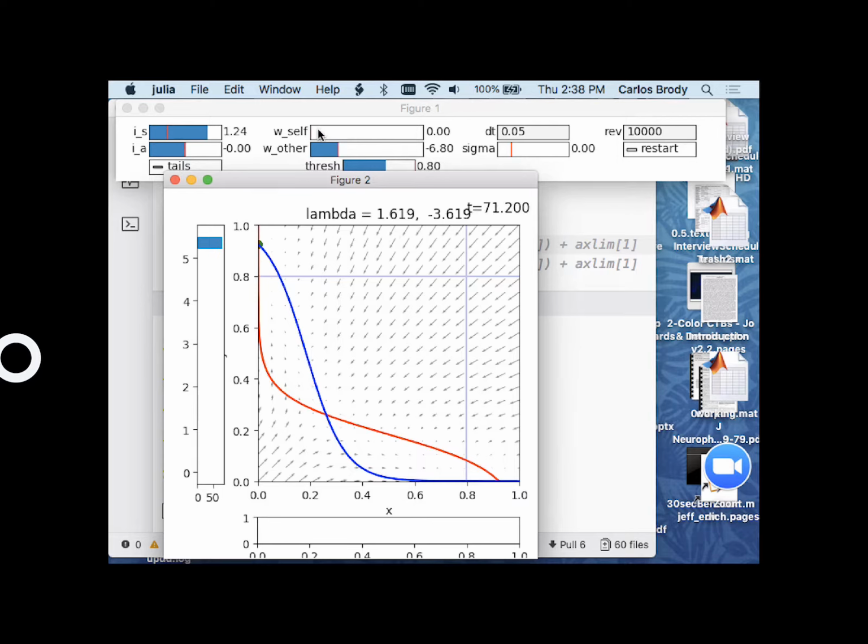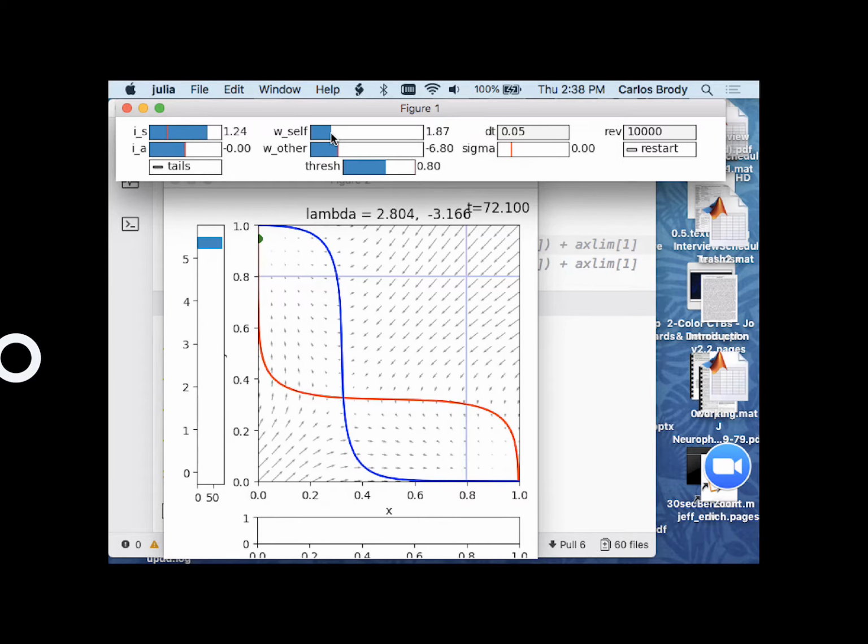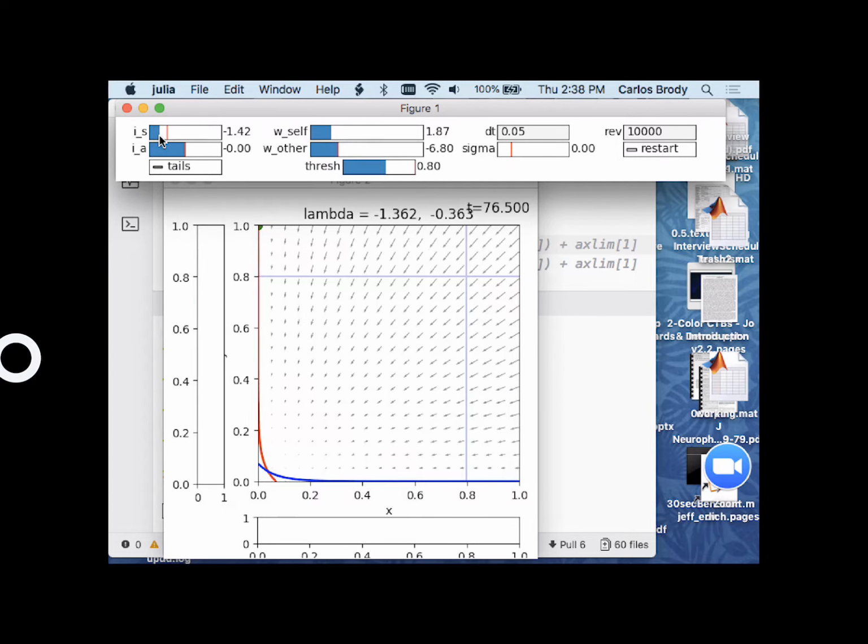There are other parameters that we can play with that we haven't gone into, like the self-excitation. There are fun things that does, but the basic properties of the system we've already seen. You start with a single fixed point. That's where you haven't decided anything, you don't know anything.